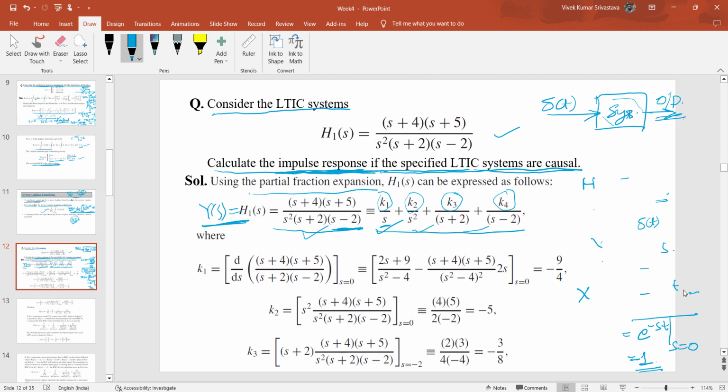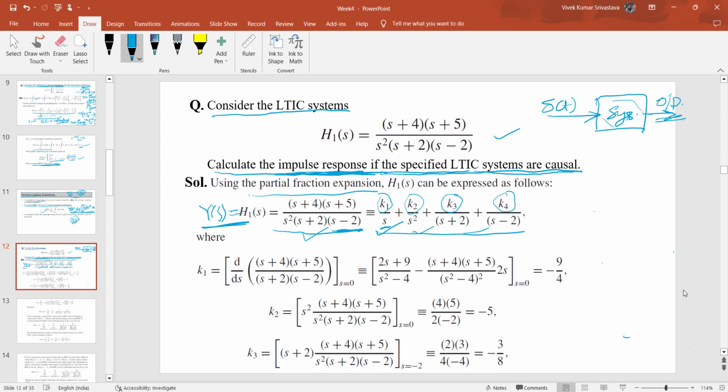Basically we already know the inverse Laplace transform of 1 over s, of 1 over s square, of 1 over s plus 2, and of 1 over s minus 2.